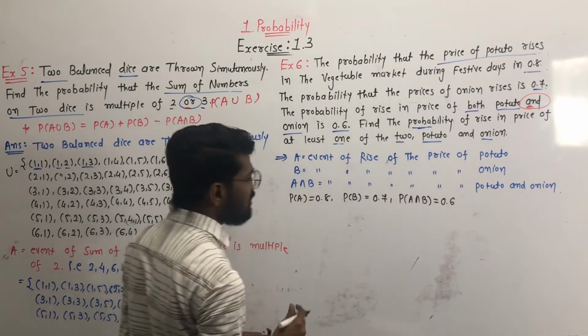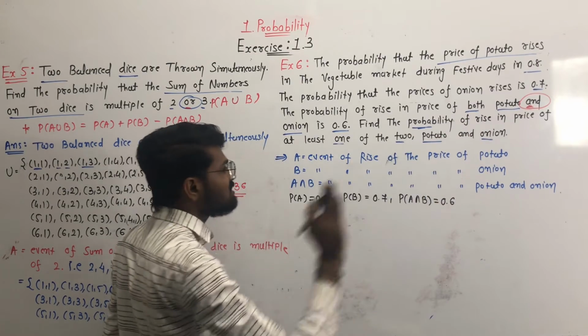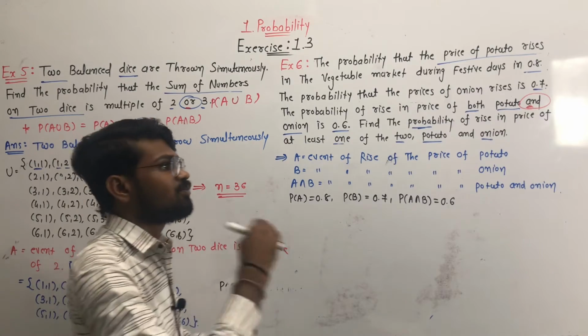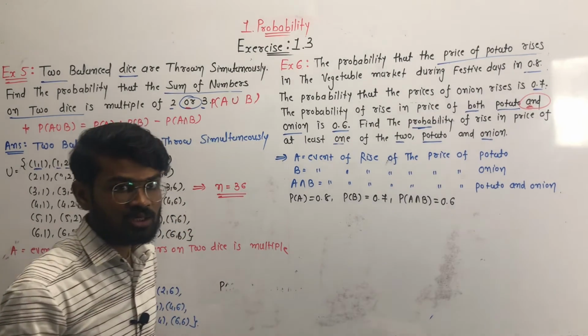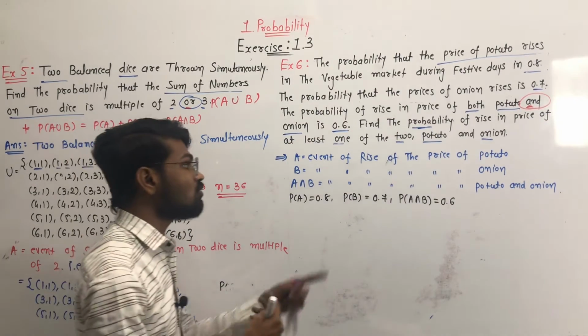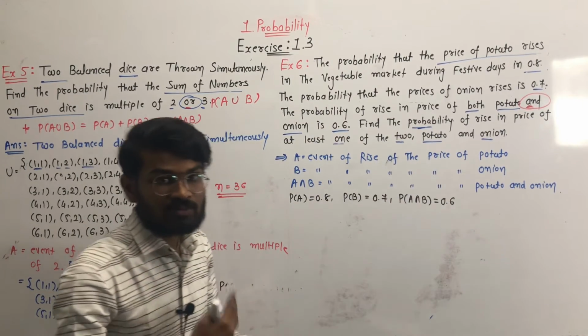Yes, and now we have to find the probability of rise in price of at least one, कम से कम एक होना चाहिए. Yes, कि पोटैटो की प्राइस इंक्रीज हुई होगी, या तो सिर्फ ऑनियन की प्राइस इंक्रीज होगी, या तो ऑनियन और पोटैटो दोनों की प्राइस राइज होगी.